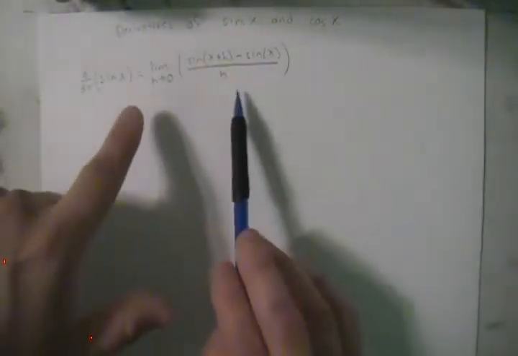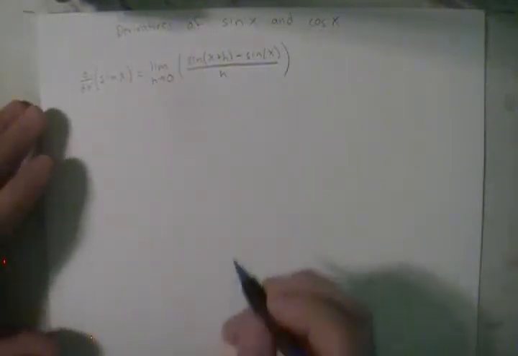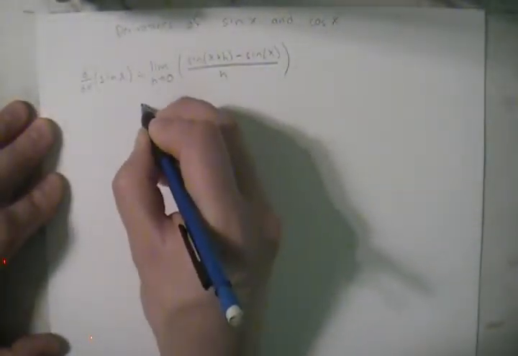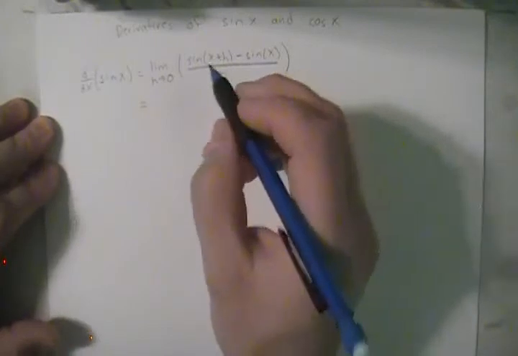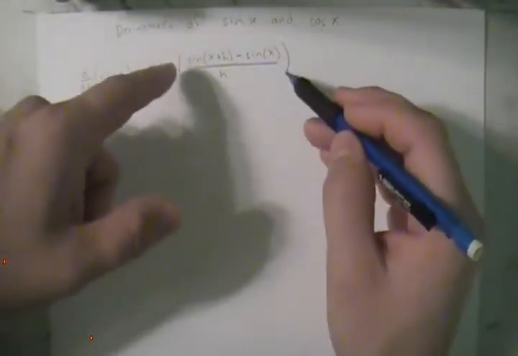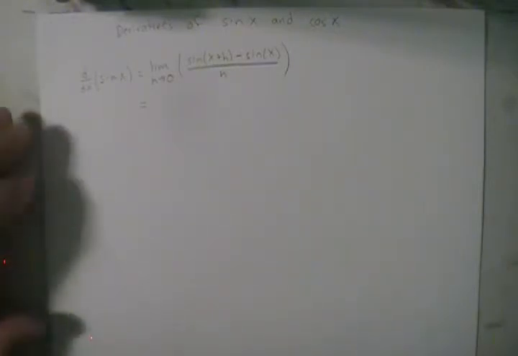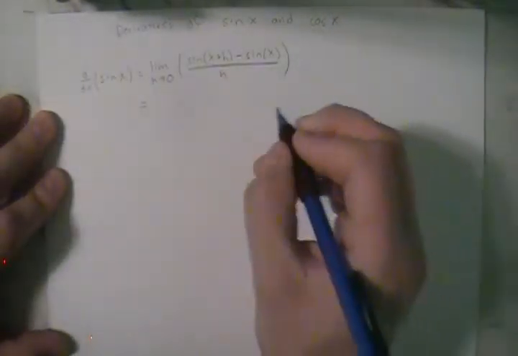We can't really do anything with this limit right now until we can reduce it to a form that gives us limits that we can evaluate. So we're going to use the angle addition formula, and then we're going to do some algebra on this inside term until we uncover the forms that I showed you in the previous 2 pages, those limit formulas.